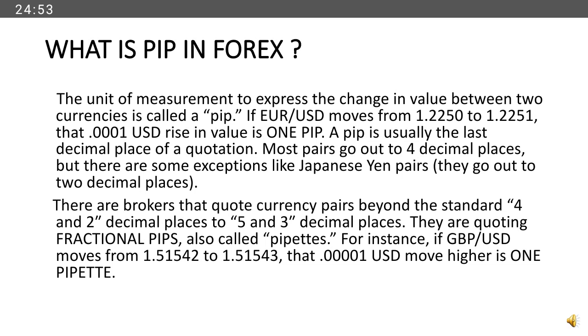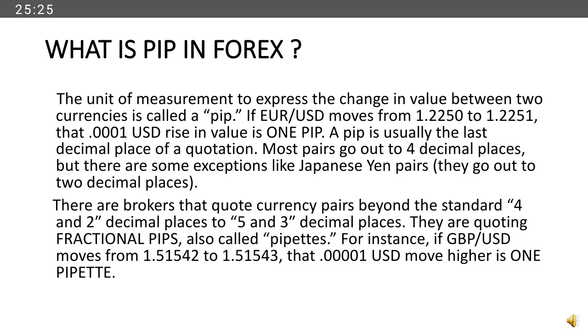So it has moved by 0.0001 rise in value. That is 1 PIP. So a PIP is usually the last decimal place of a quotation.